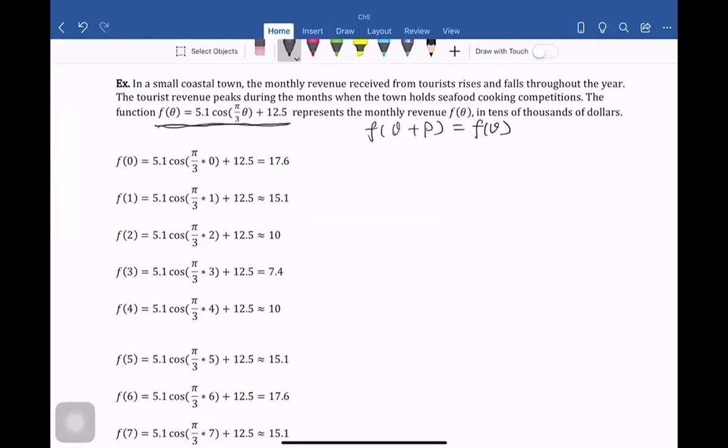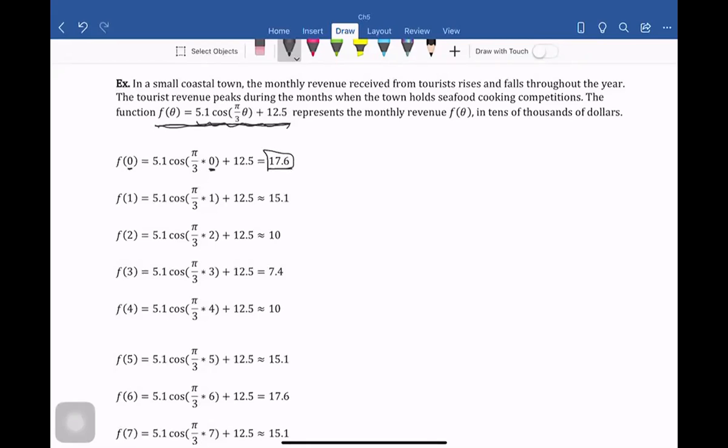So let's see. I just plug in numbers for theta. For theta equals 0, I plug it into the expression here. We got 5.1 times cosine of pi over 3 times 0, plus 12.5. We got this value.